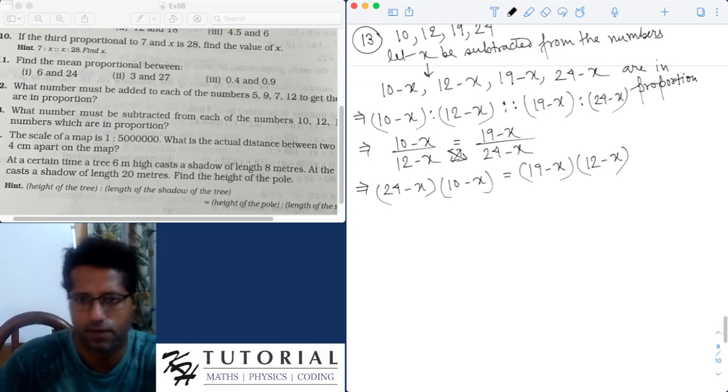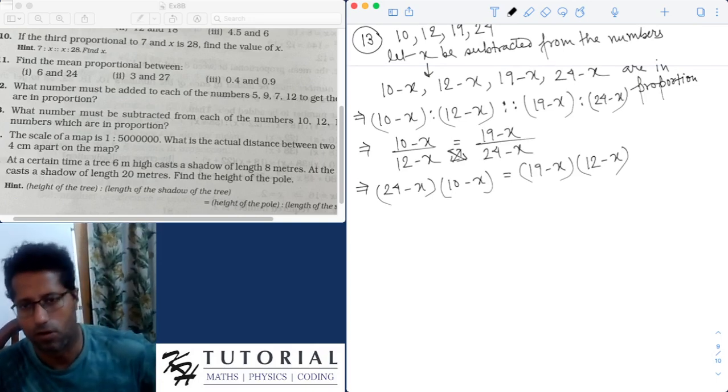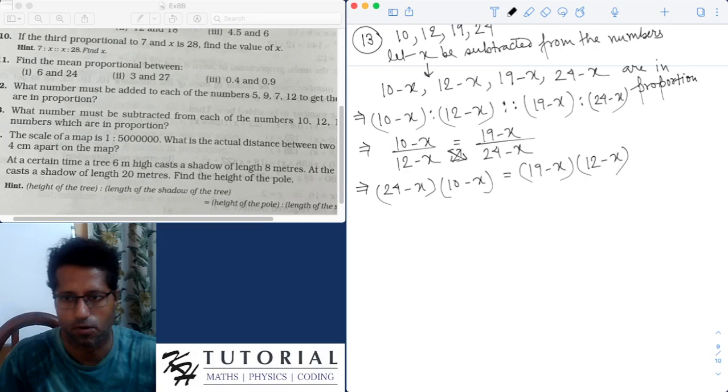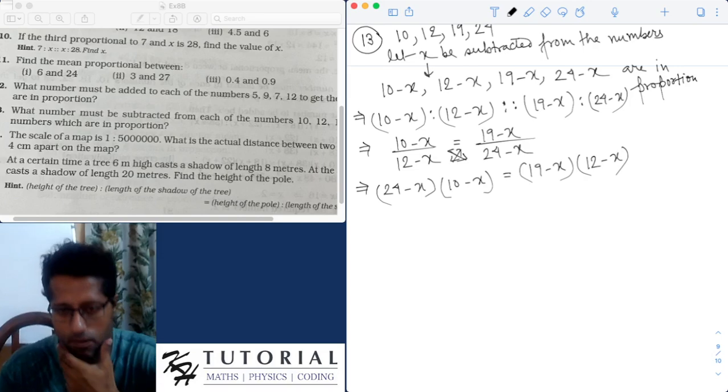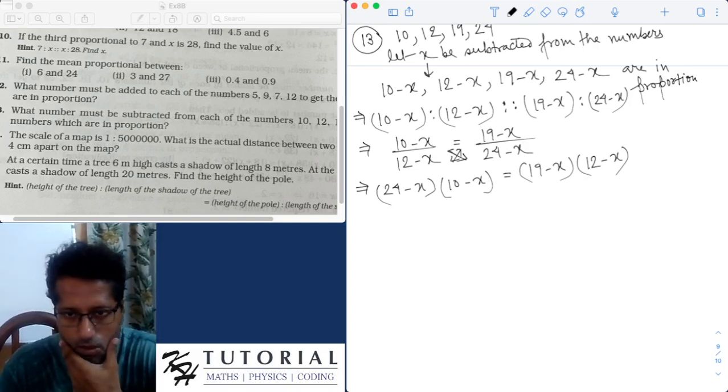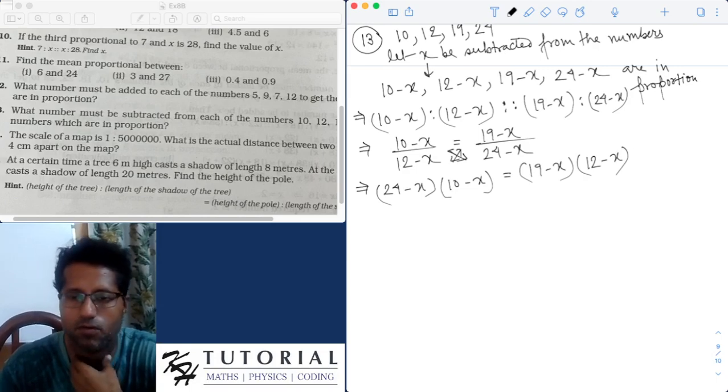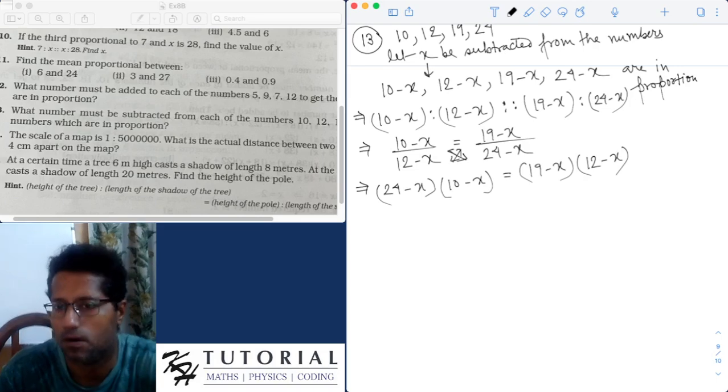Okay, let's solve it anyway. Since I mentioned that I will solve all the problems, let's solve it to get the answer. Now these are products of two binomials, and in the binomials we see there are negative terms. So I have to use the distributive law of multiplication over subtraction.